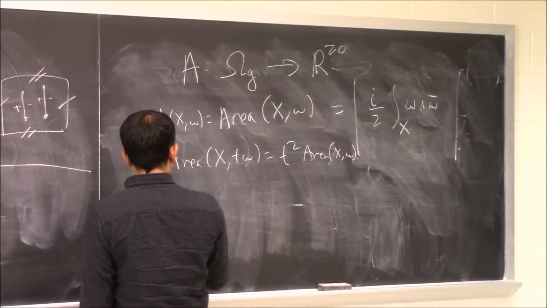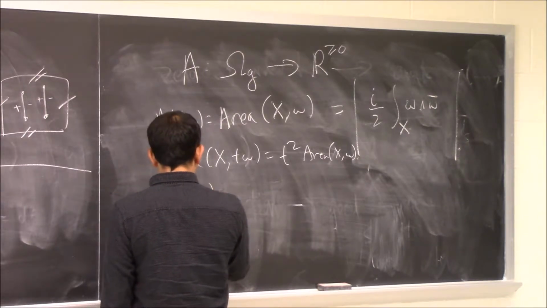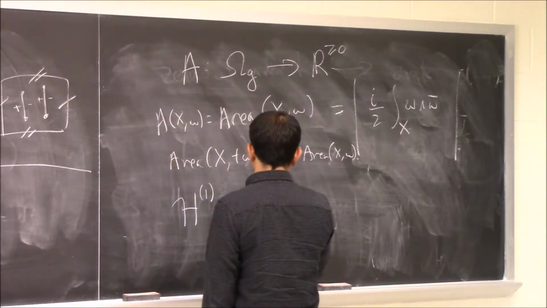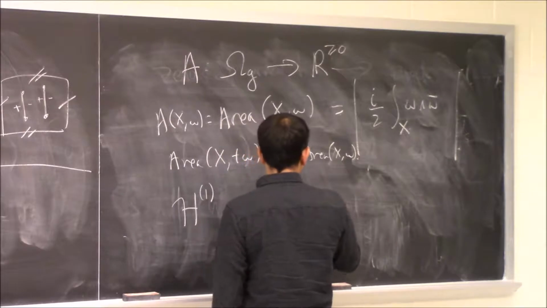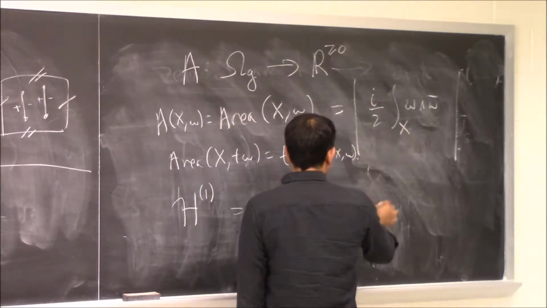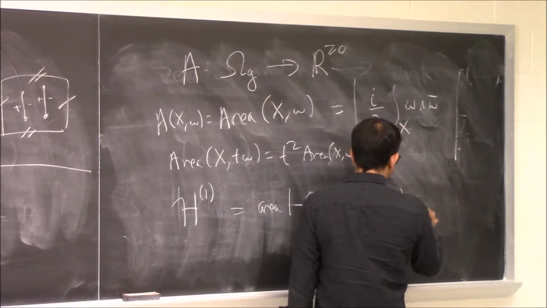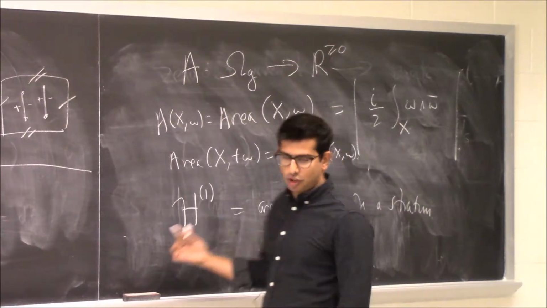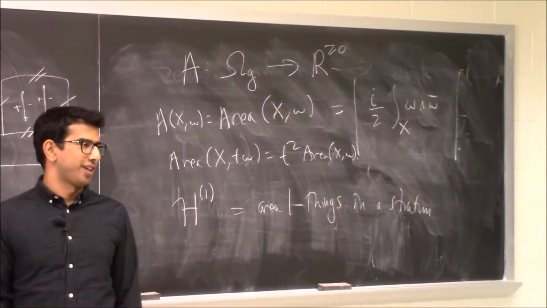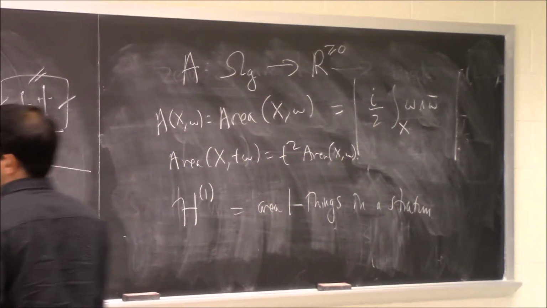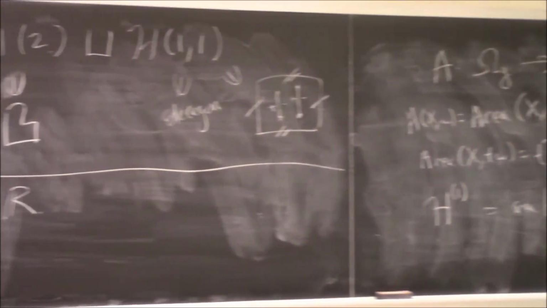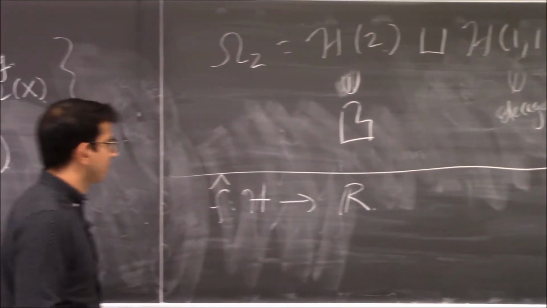But we're going to look at strata. We're going to look at H1, which is the set of area 1 things in a stratum. And because I'm lazy and I don't want to keep writing the 1, we're often just going to write H for that. So H is going to be the subset of area 1 guys. So I'm eliding this distinction.